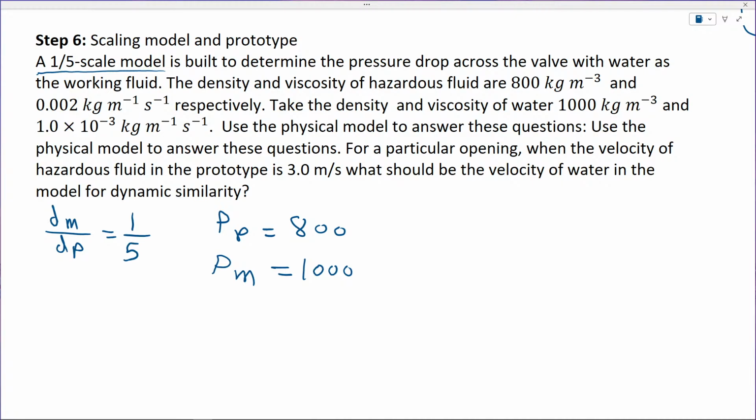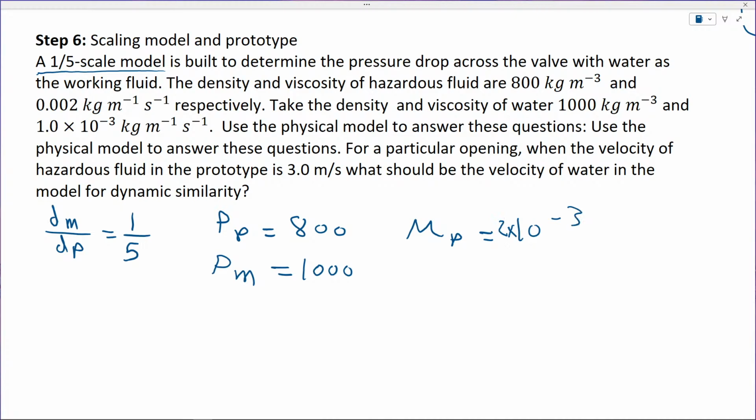We are also given the viscosity. The viscosity of the prototype is this guy here, 2 times 10 to the power minus 3.